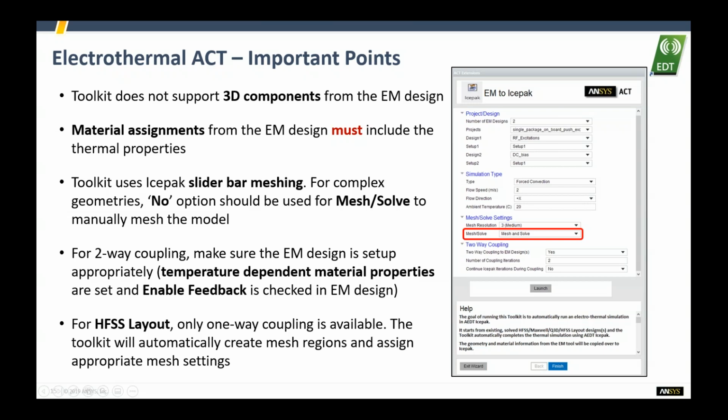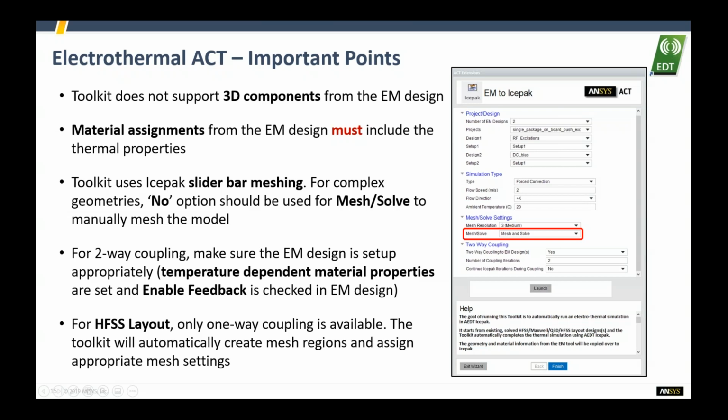Also, for the two-way coupling, make sure the EM design is set up appropriately, meaning that temperature-dependent material properties are set and enable feedback is checked in the EM design. Just the same as before, we want to make sure the materials are temperature dependent so we can do a thermal analysis. For the HFSS layout, only one-way coupling is available.